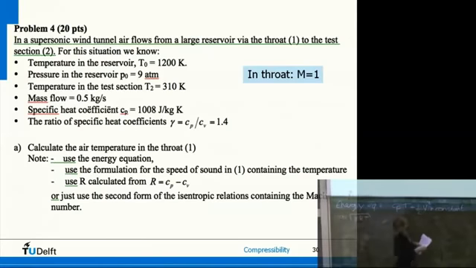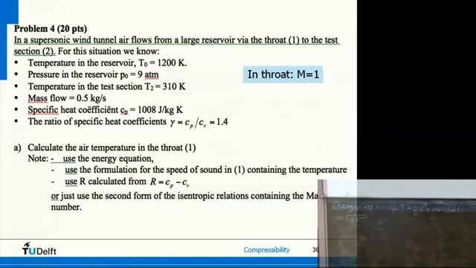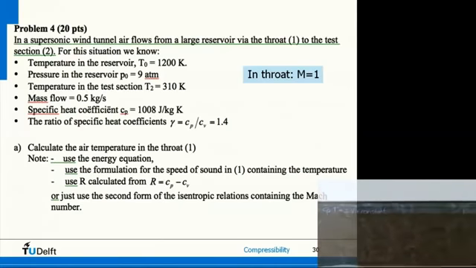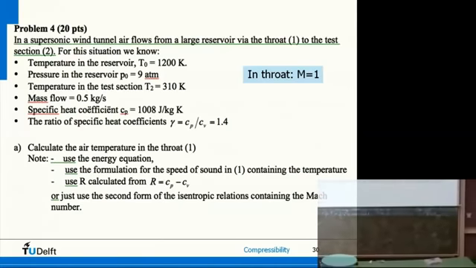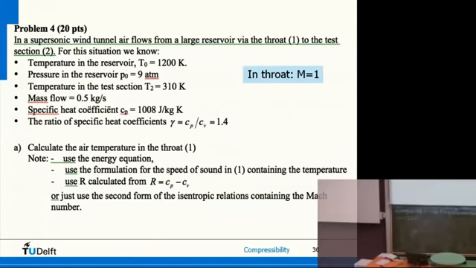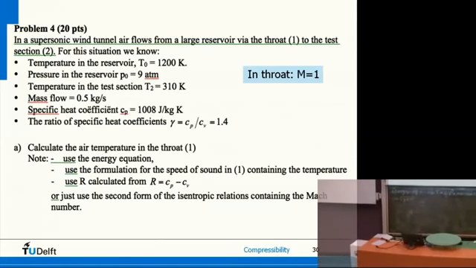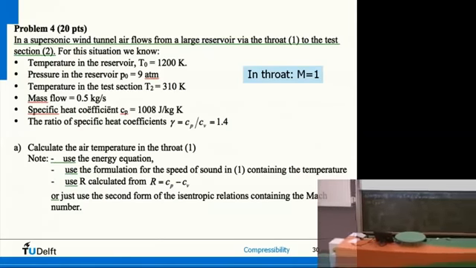And then we have R given as Cp minus Cv. Next lecture I think I will derive this, but now it's given. So air temperature in the throat: we have the energy equation, CpT plus half V squared is constant. We have A is square root gamma RT. We know that in the throat the Mach number is 1 and we have R.